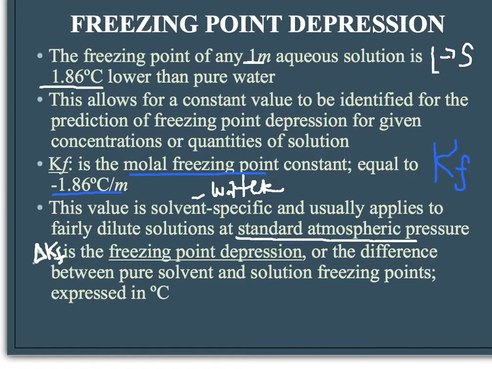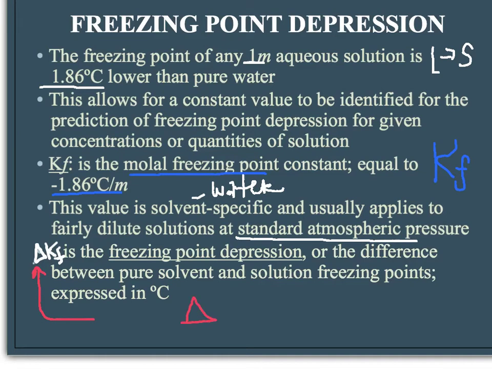We can compare solutions of pure solvent and solutions with a 1 molal concentration by using a value called freezing point depression. And this value is measured in degrees C, and you can see it right here.